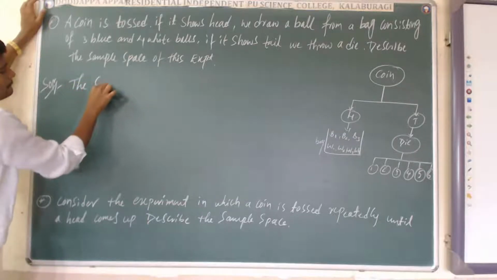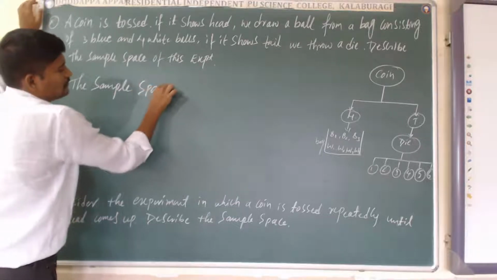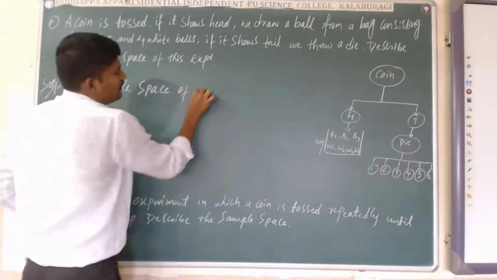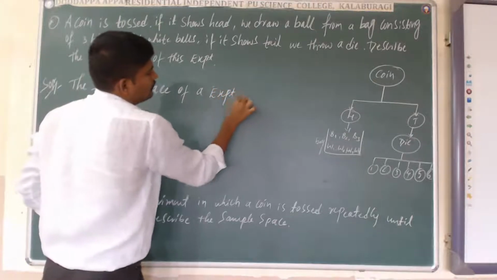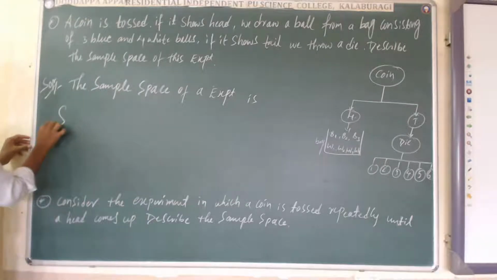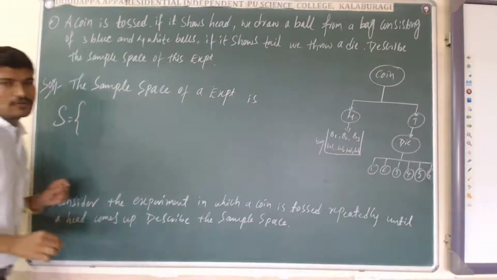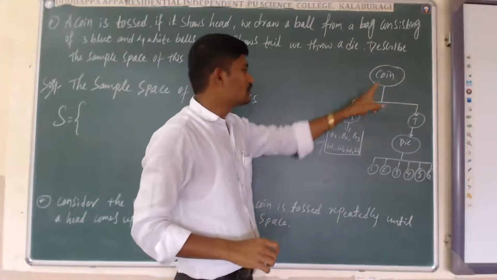The sample space of the experiment is equal to. Listen here, when a coin is tossed one time, then you will get a head.